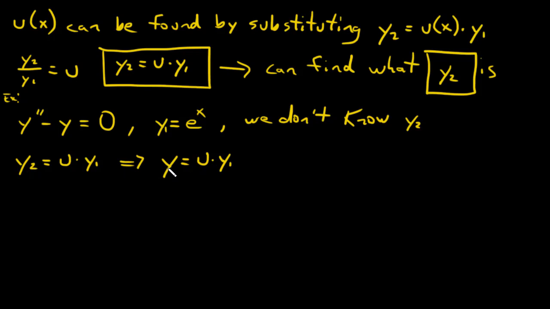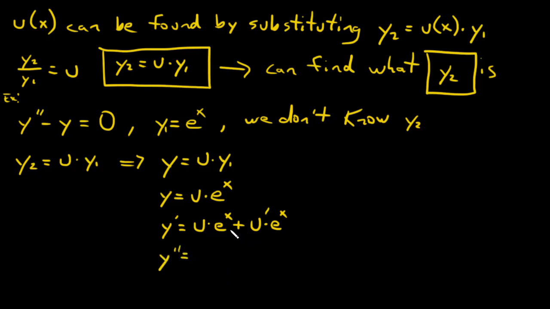If y is equal to u times y1, and y1 is e to the x, that means that y prime is going to be what? First times derivative of the second, so derivative of e to the x is just e to the x, plus second times derivative of the first, which is going to be u prime times e to the x, like that.